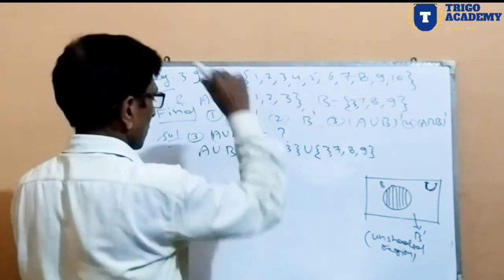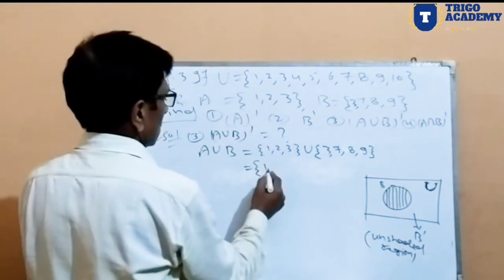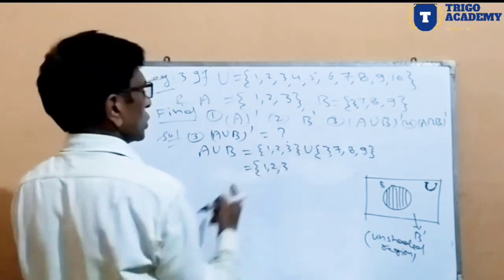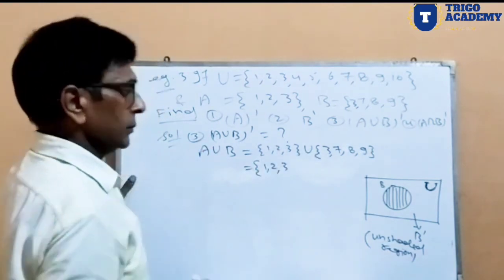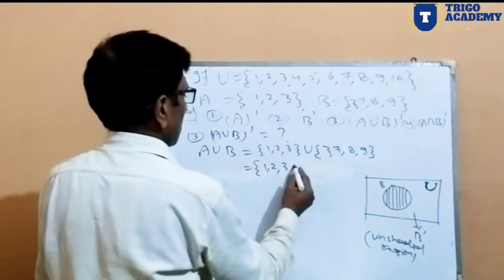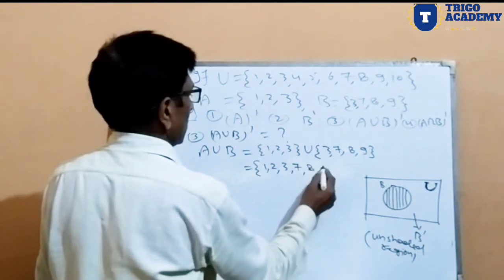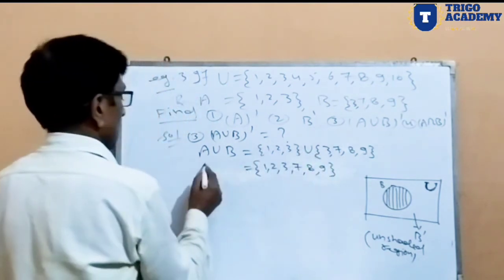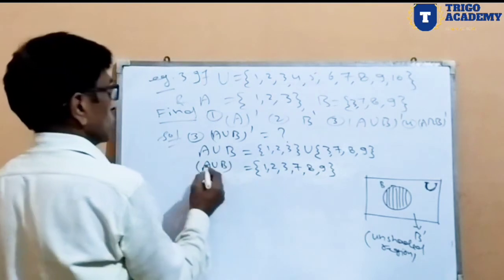Now 1, 2, 3 is common, we will take only one time, and 7, 8, 9. So this is the value of A union B.